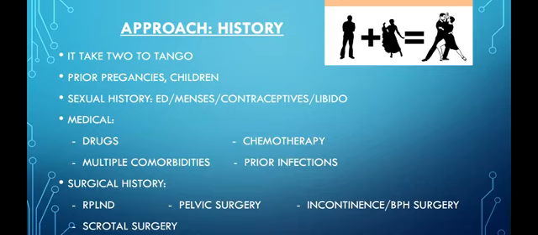Have they had any prior surgery? Retroperitoneal lymph node dissections, we know, will cause emission issues, retrograde ejaculation or anejaculation. There might be patients who've had previous pelvic surgery, patients who've undergone incontinence and BPH surgery, as well as those having primary scrotal surgery.